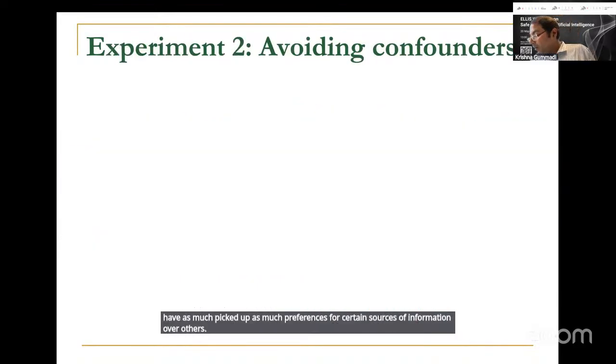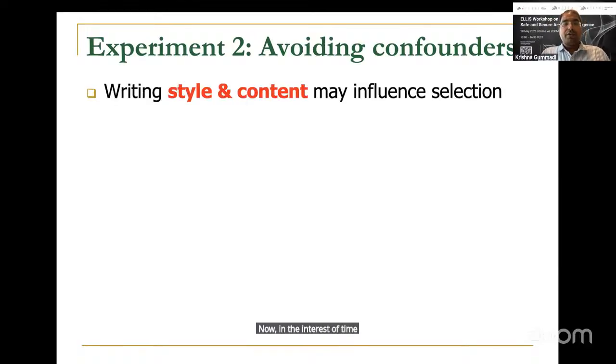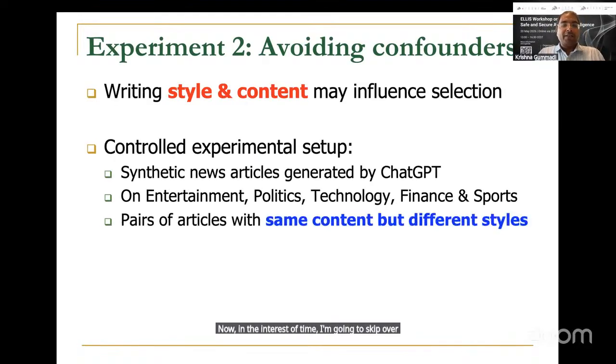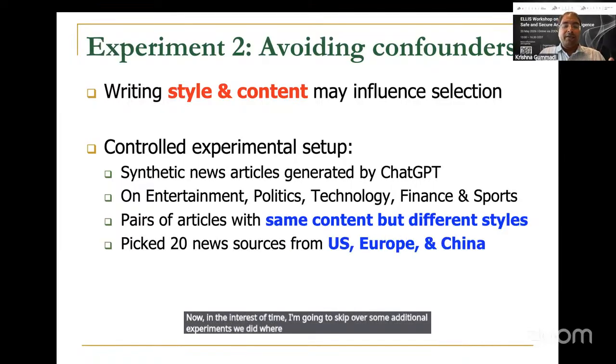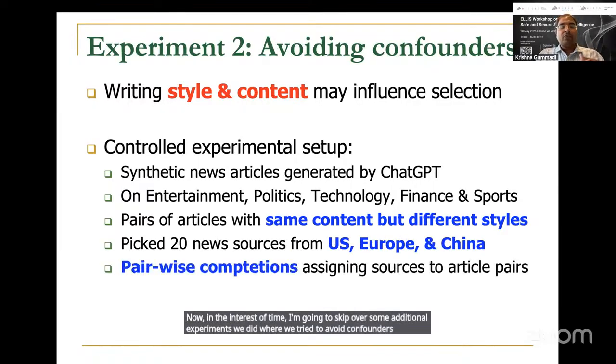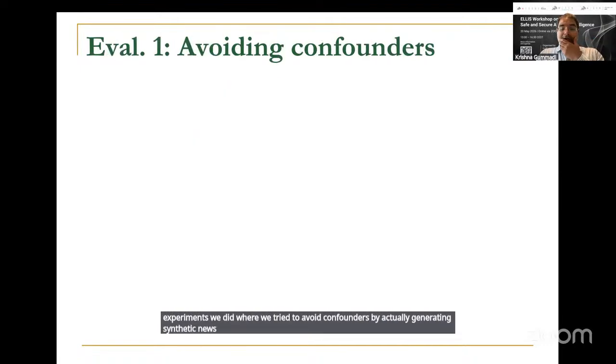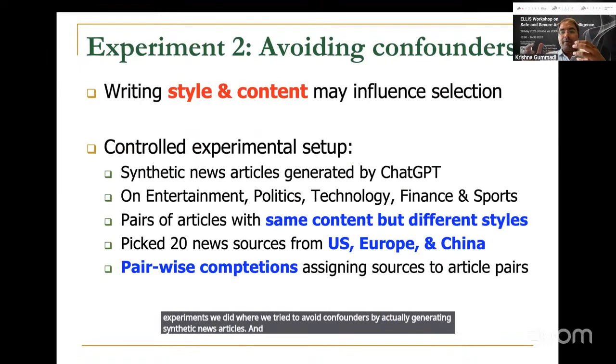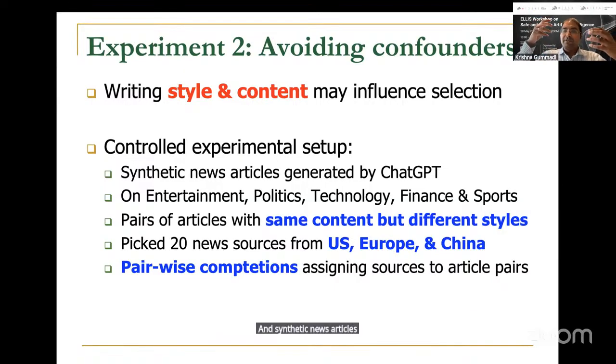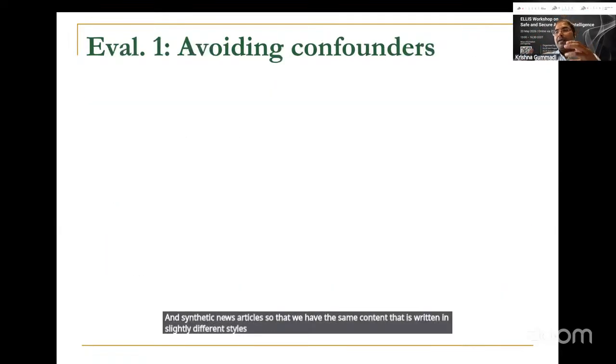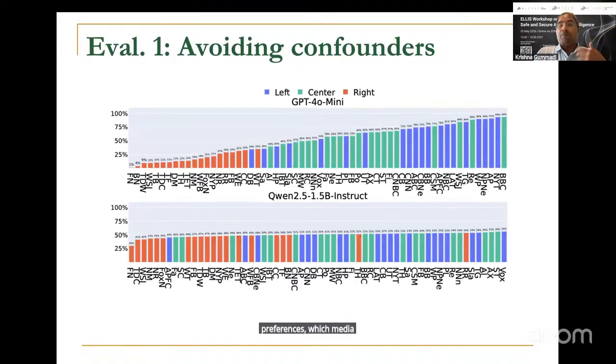Now, in the interest of time, I'm going to skip over some additional experiments we did where we tried to avoid confounders by generating synthetic news articles, so that we have the same content written in slightly different styles, which we then assign to various different news media platforms to extract which media sources are more preferred than others.